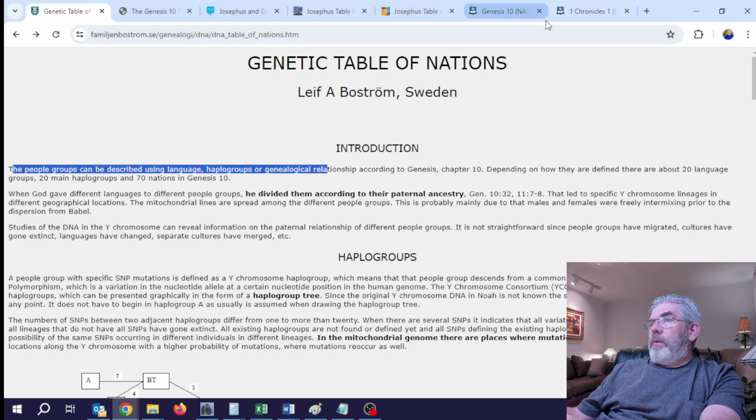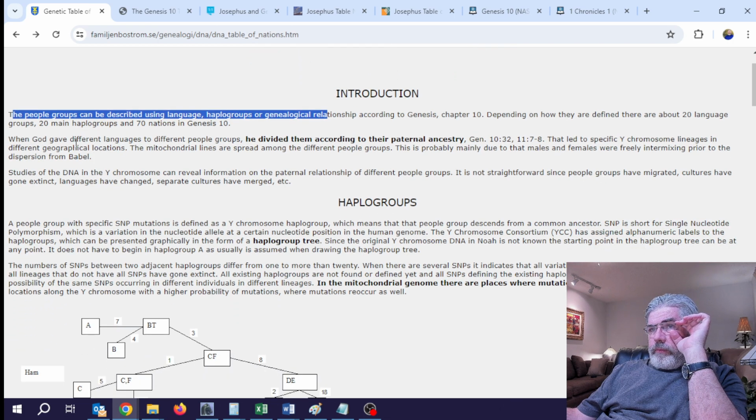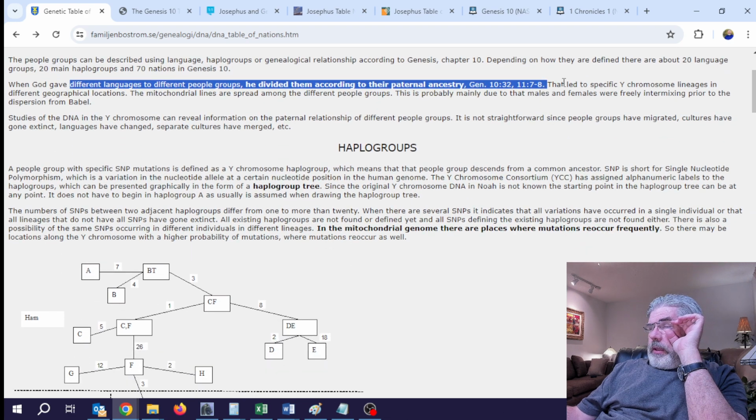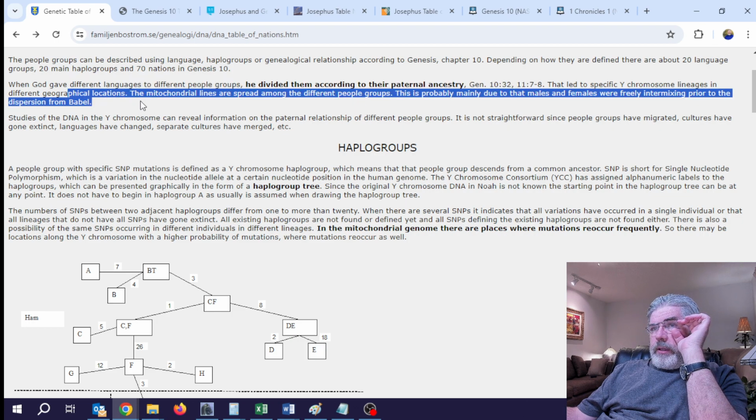This is pretty cool. This is one of the things that I've gotten from this particular article. When God gave different languages to different people groups, He divided them according to their paternal ancestry. This is per Genesis 10:32, and of course the next chapter, 11:7-8, about the Tower of Babel, that led to specific Y-chromosome lineages in different geographical locations.